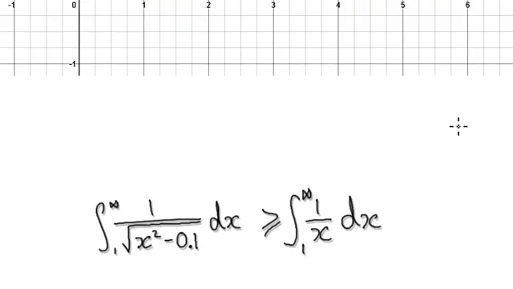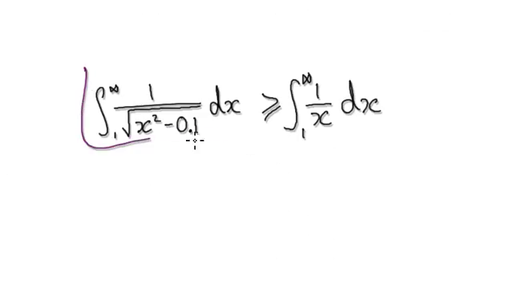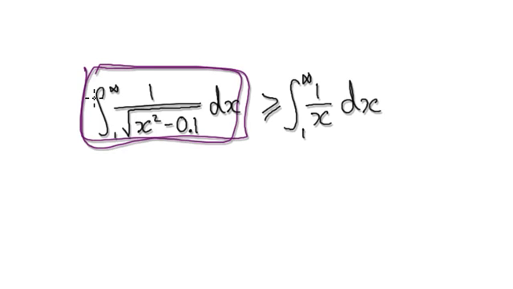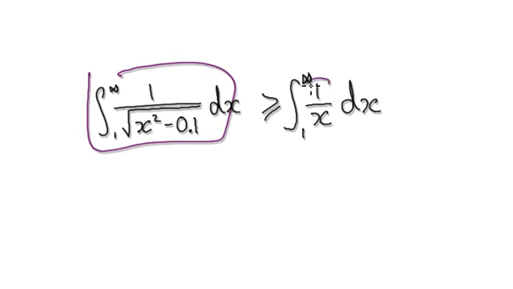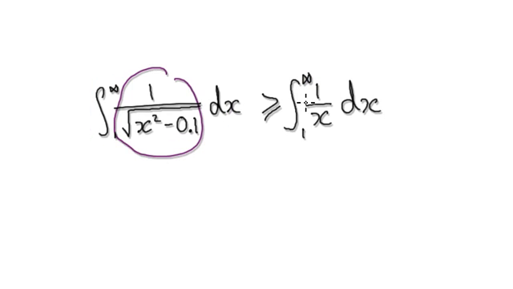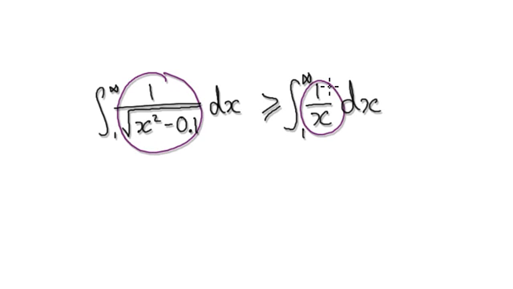Well, if you look at this, hang on, this is what you're trying to work out here. You're trying to establish if this converges or diverges. So let's compare this with 1 over x. Because if you look at this thing here, it will be greater or equal to this.